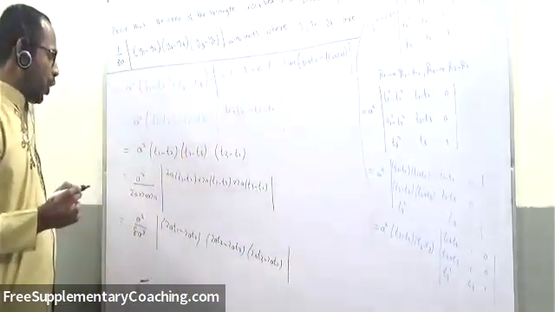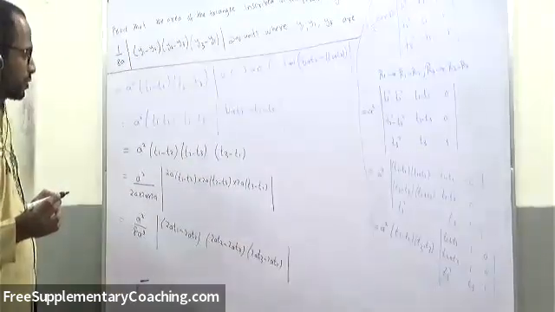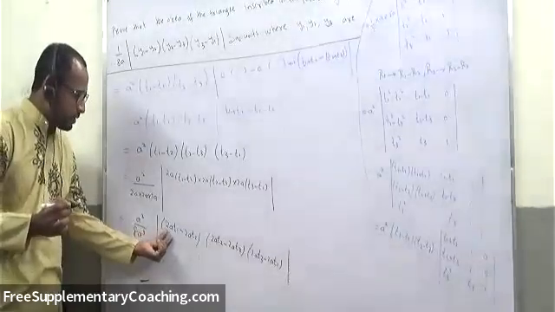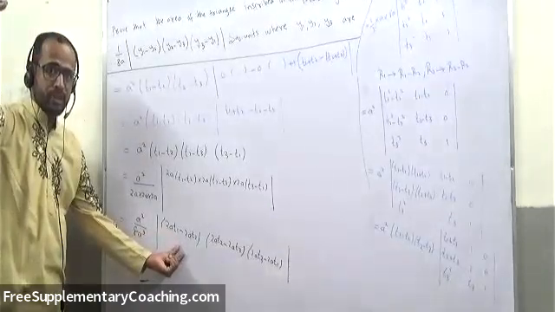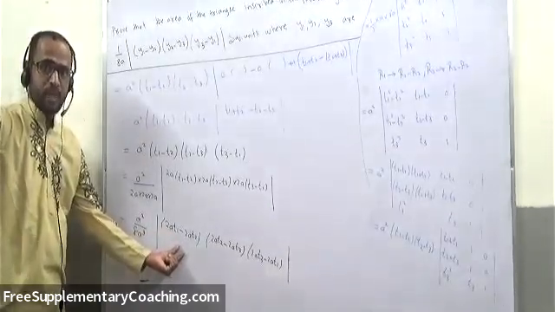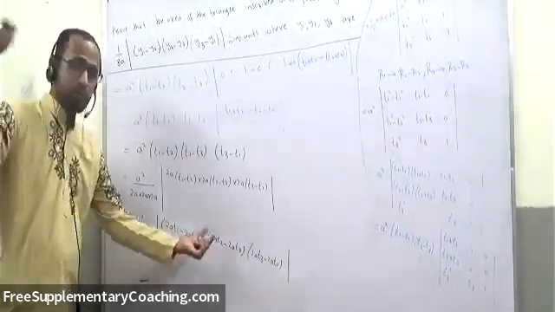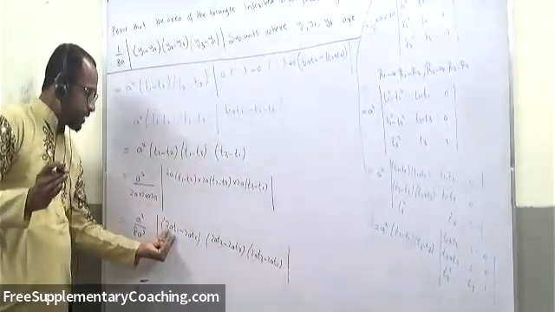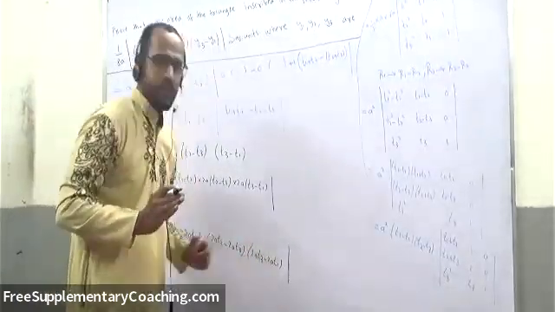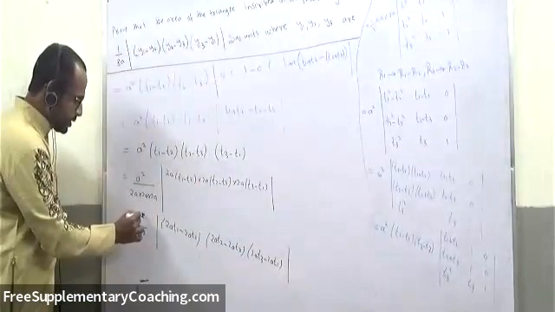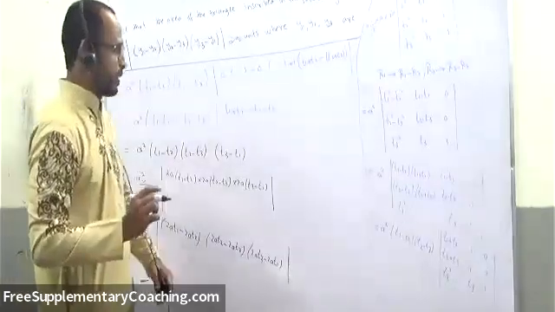Ordinates. Only ordinates we are getting. Only the position of y, not x. Coordinate means x and y. Ordinate means only the y-axis. So what is this? y1. If you see the diagram, let P be x1 comma y1, Q be x2 comma y2, R be x3 comma y3. According to that, if you compare, this is the position of y1 minus y2, y2 minus y3, y3 minus y1. Here a square, a cube get cancelled, just a is left here. So I can write 1 by 8a.